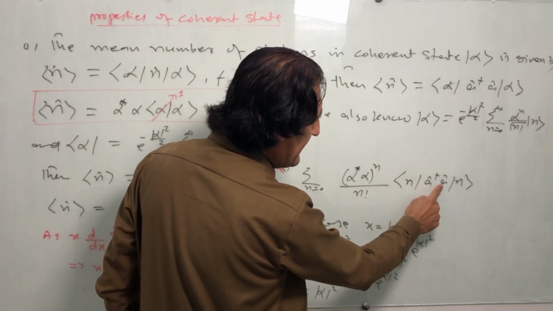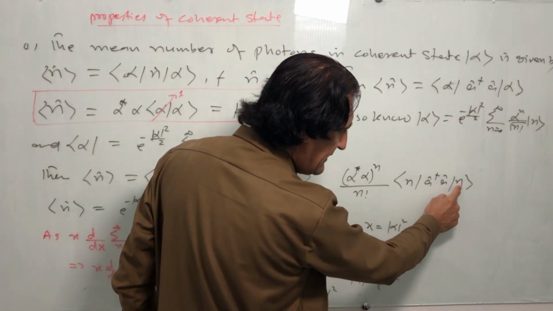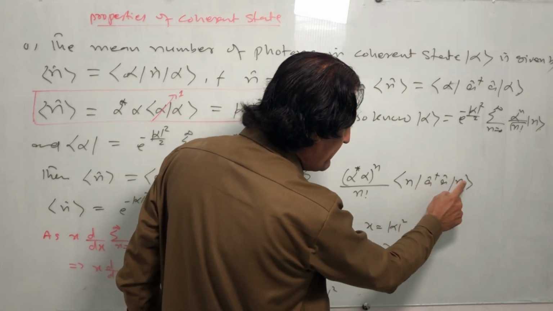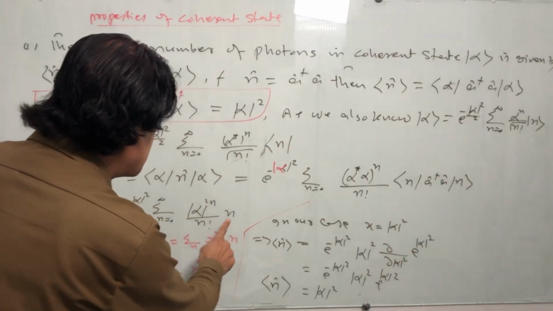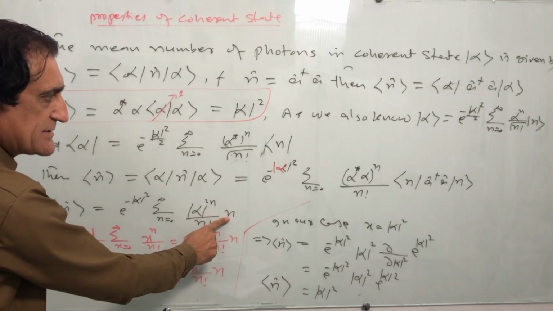First we apply a with |n⟩, and then a dagger with |n⟩, and then we get n. So you can try this by yourself.